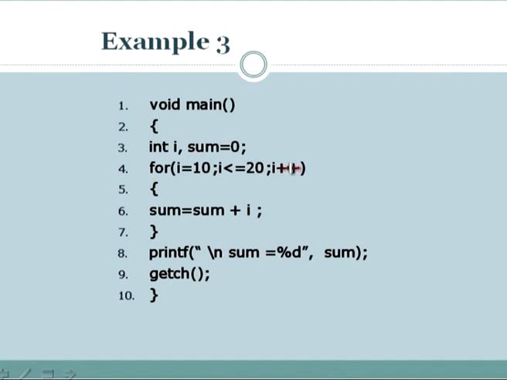When the value of I becomes 21, the condition 21 less than or equal to 20 will turn out false, and thus the loop body will not be repeated. Control will jump to the statement following the loop body, and thus the statement at line number 8 will be executed, and that statement will display the final value of sum.